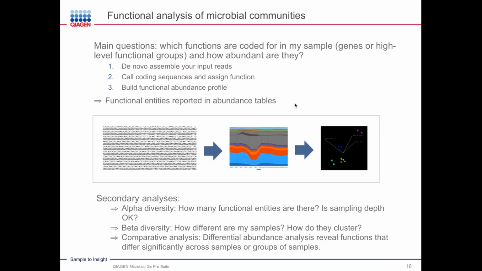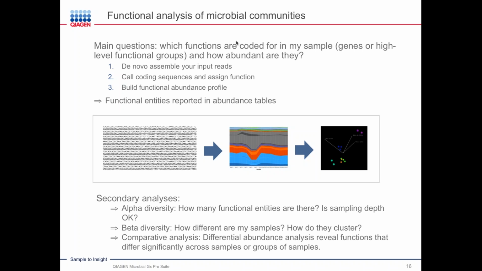I basically stole this slide from Arne to highlight how similar the stuff we're doing here is to what Arne just showed us. So the main question here is which functions are coded for in my sample, and here we're talking whole metagenome shotgun sequencing samples.